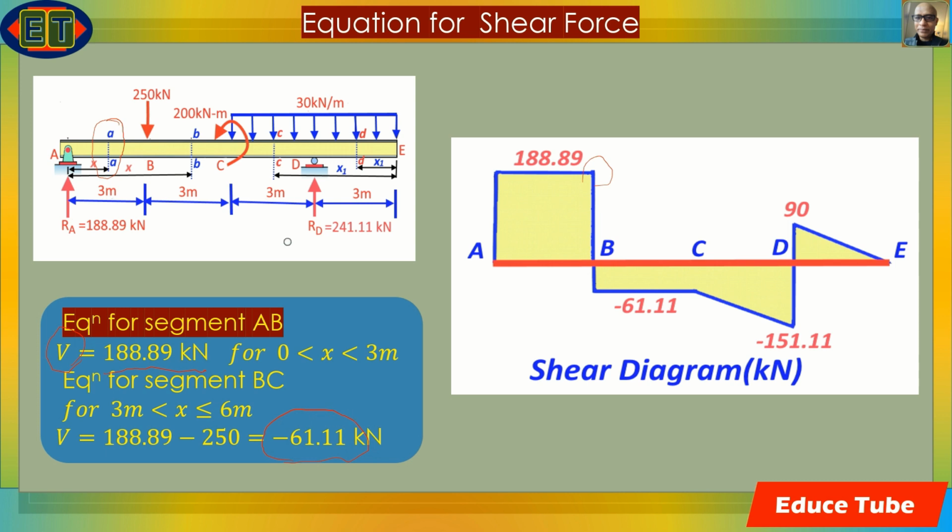Now from B to C, a horizontal line at minus 61.11 is drawn. Why? Because shear remains constant at this value from B to C.